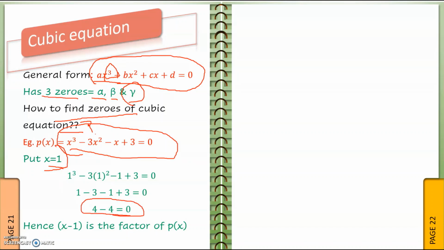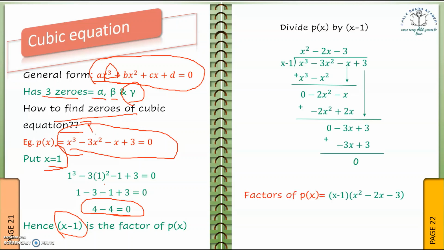So x is equal to 1, that is the factor, becomes x minus 1. x minus 1 is the factor of this equation, that is x is equal to 1 is the zero of this cubic equation. Now what we have to do is divide this equation, that p(x), by x minus 1.